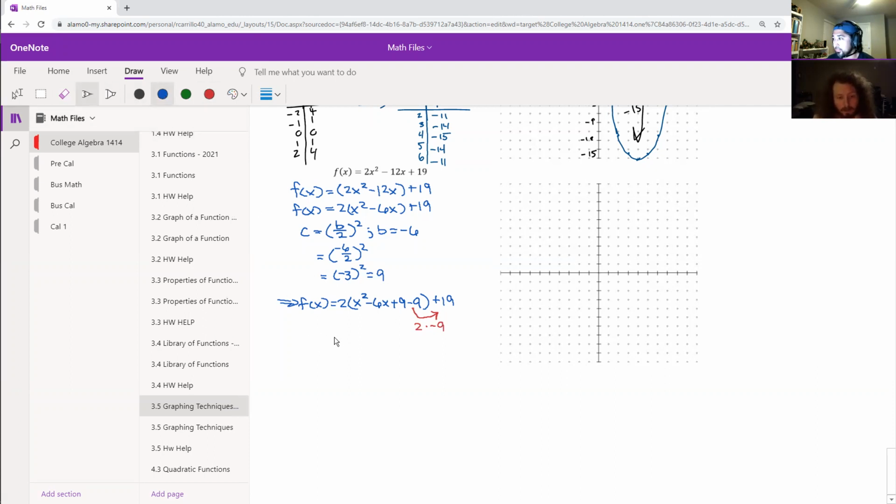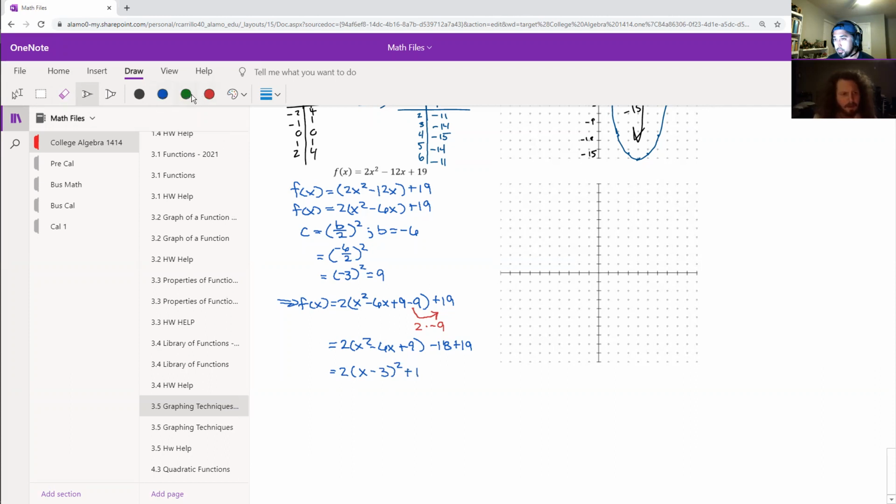So then this will be equal to 2 times x squared minus 6x plus 9 minus 18 plus 19. And that is equal to 2 times x minus 3 squared plus 1.